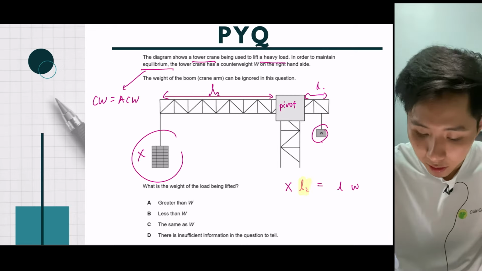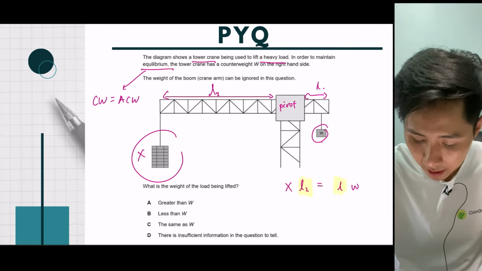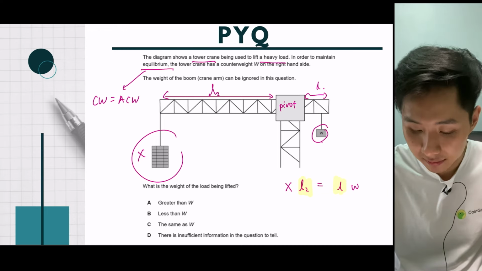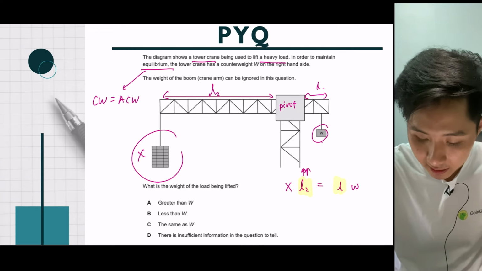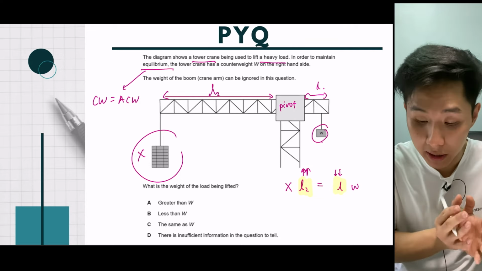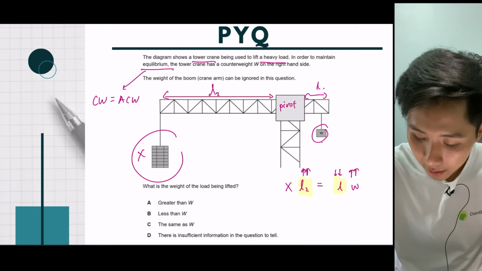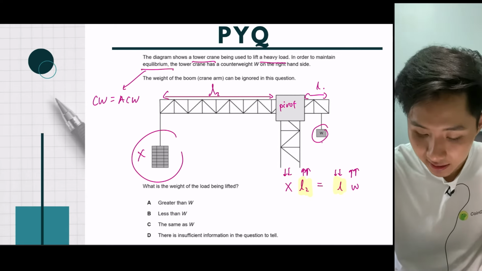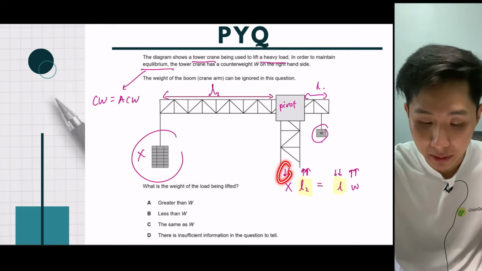Now, a very important thing is that if you look at L2 and L, L2 is a lot bigger than L. So this one is bigger and this one is smaller. And in order for both sides to be equal, W has to be greater than X, so that they can equal each other out.